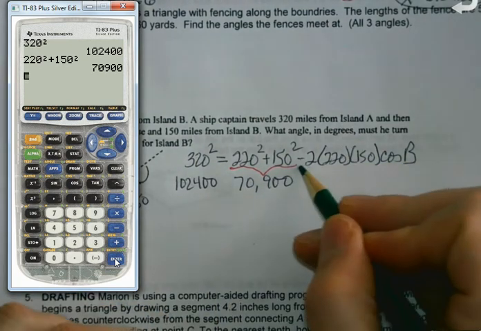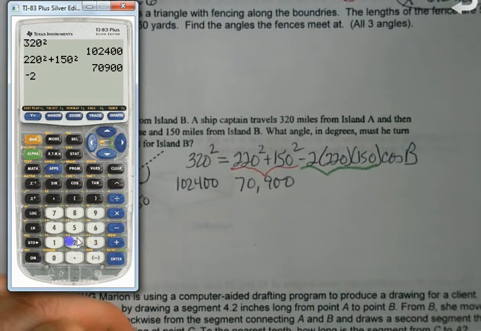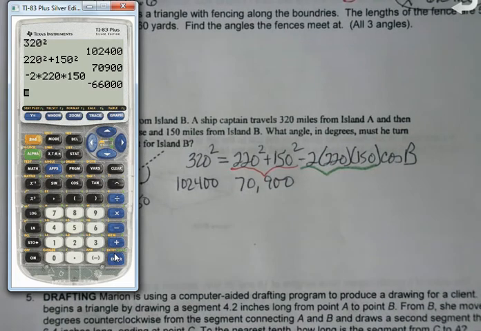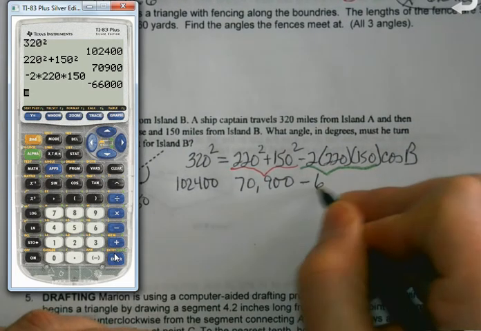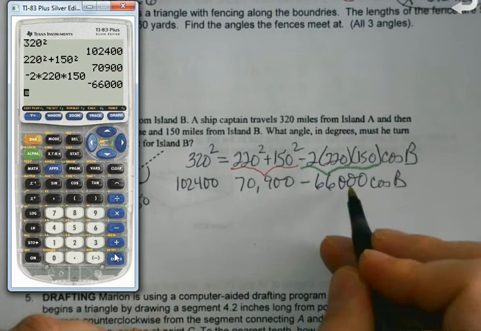And then I deal with the part that's attached to cosine of B. Because again, we're going to treat this like an Algebra 1 problem where we're trying to solve. That cosine of B is attached to the 66,000.